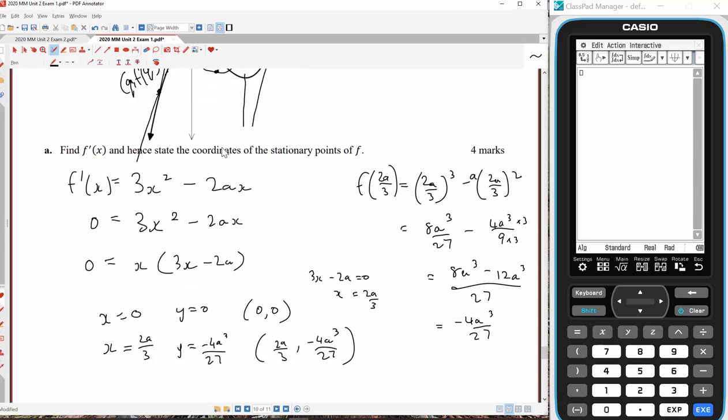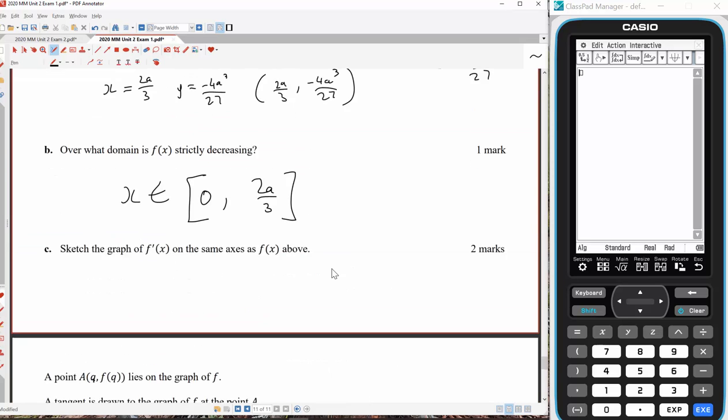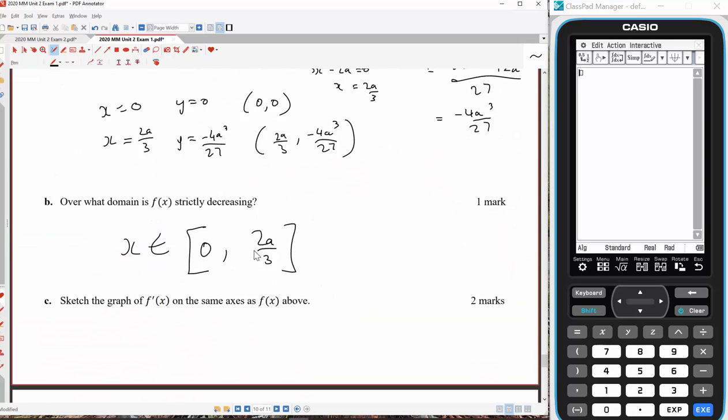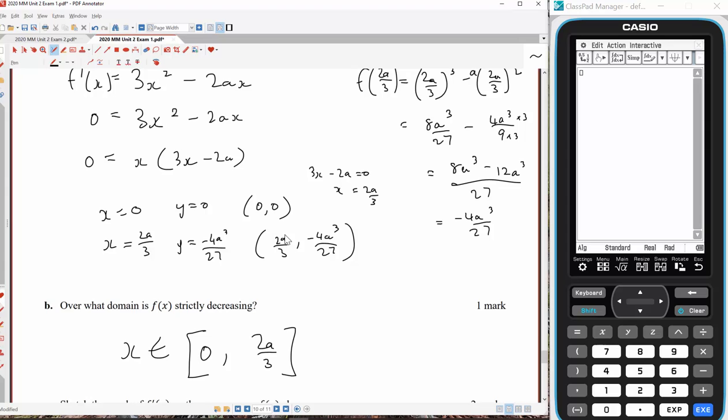Now, the other thing you can do for this is some students who answered this one did the double derivative. So what they did was derive f dash x, which was 3x squared take 2ax. So it's going to be 6x take 2a.